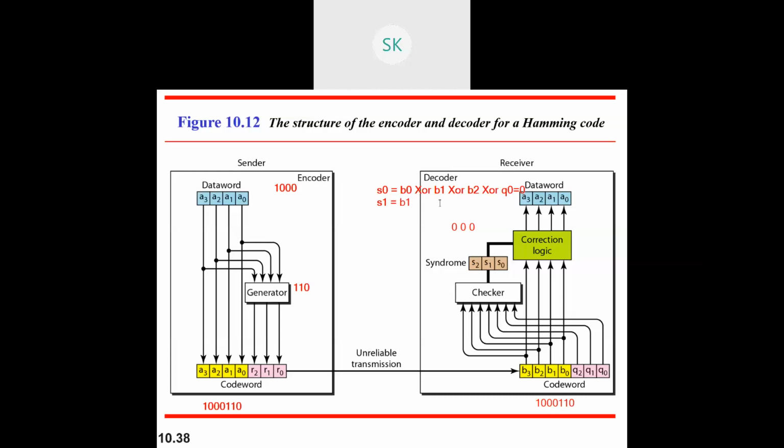Next one is B1 XOR B2 XOR B3 XOR Q1 bit. Q1 bit is responsible with respect to your B1, B2, B3 comparison, right? So you need to just take those particular values.